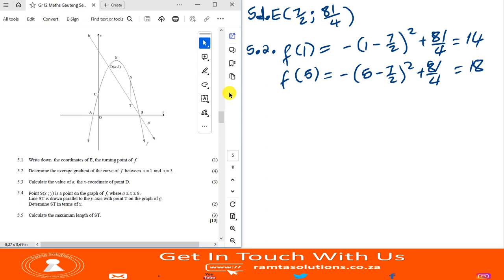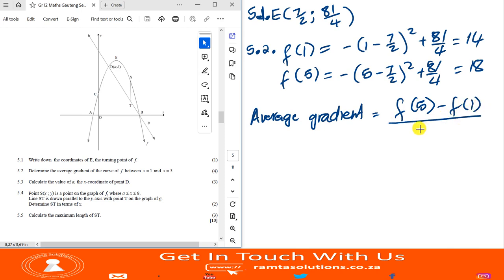All right, so now the average gradient will be f of 5 minus f of 1, all over the x value 5 minus the other x value 1. So what is this?